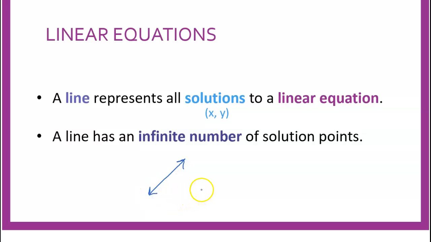Even if we were to talk about a discrete line that wasn't continuous, had dots instead, it would still go in both directions forever. And then it would still have an infinite number of solution points. So lines have infinite numbers of solutions.